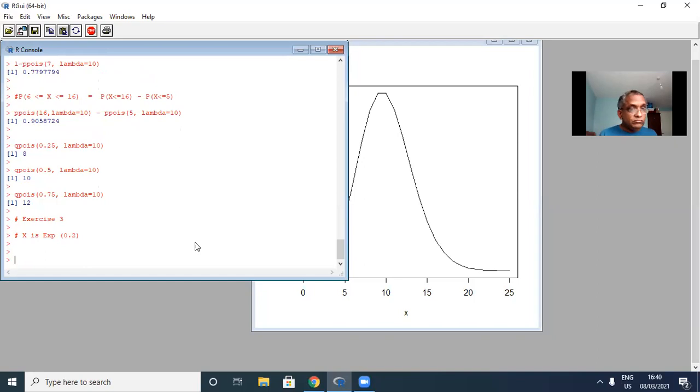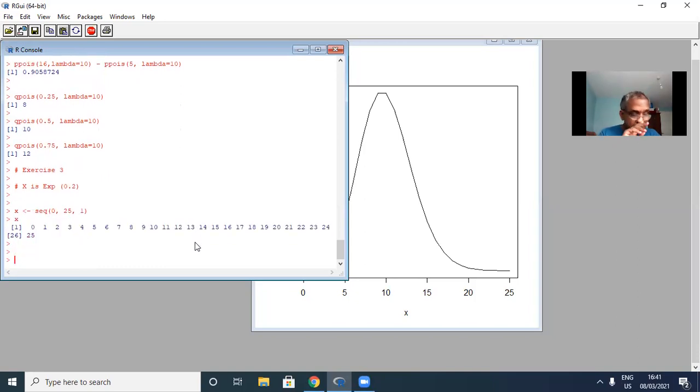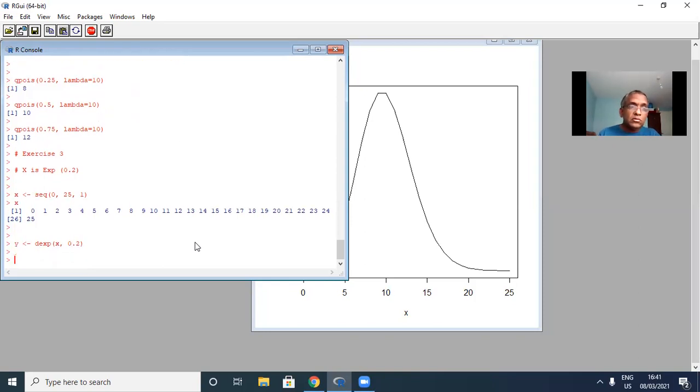Okay, so now we want to plot the PDF over the range from 0 to 25. So we need to first define X as a sequence from, say, 0 to 25, say in steps of 1. So you have X as this, right? And then you define Y as the density of the exponential at X with the parameter equal to 0.2, right?